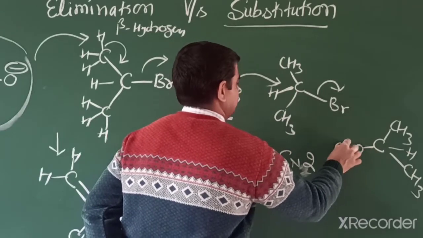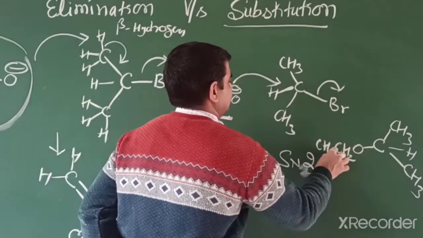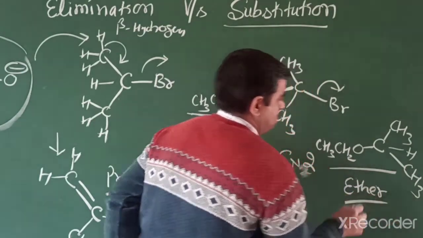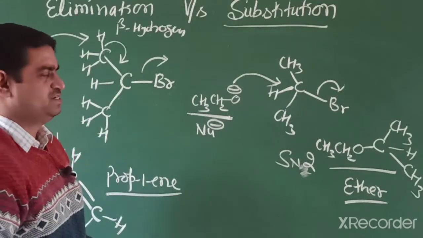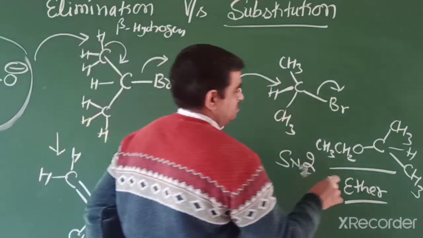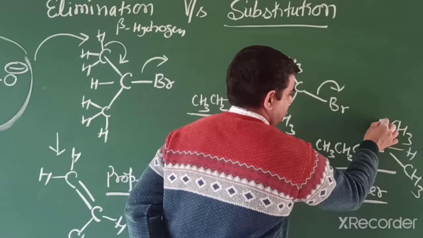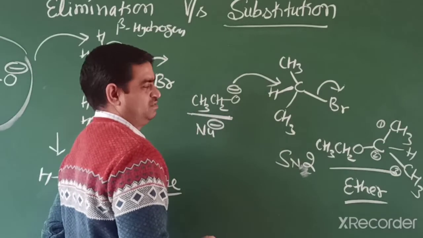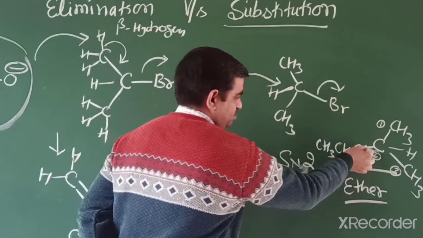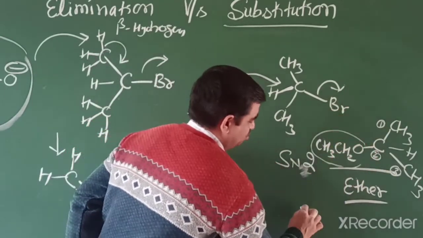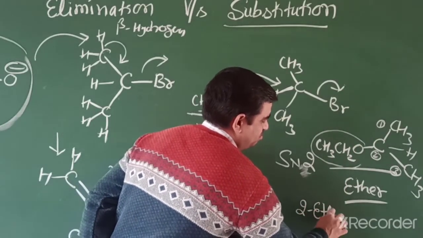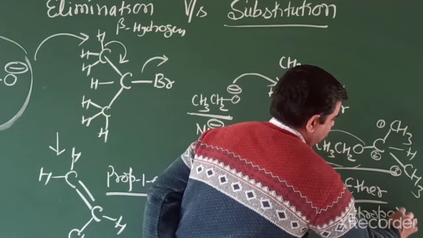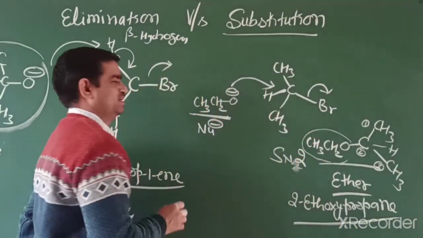The product is an ether. So what is the IUPAC name of this ether? We write the numbering in this way: 1, 2, 3. This side is the prefix, so it is 2-ethoxypropane. 2-ethoxypropane is the major product.